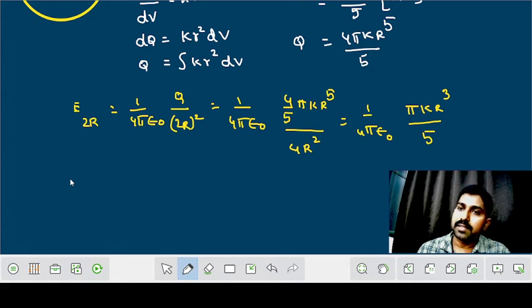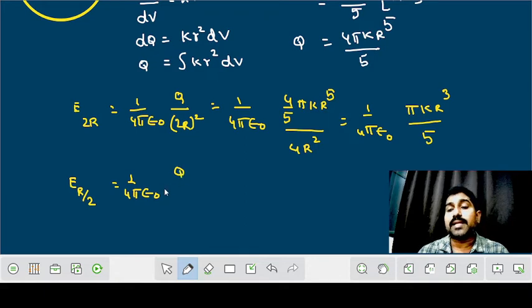And the second part, if you want to calculate the electric field intensity at a distance r by 2, this point is inside the sphere. The same formula we can use here, 1 by 4 pi epsilon naught, charge enclosed by the sphere having radius r by 2, by r by 2 whole square.